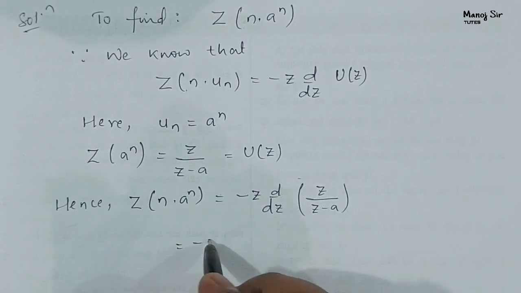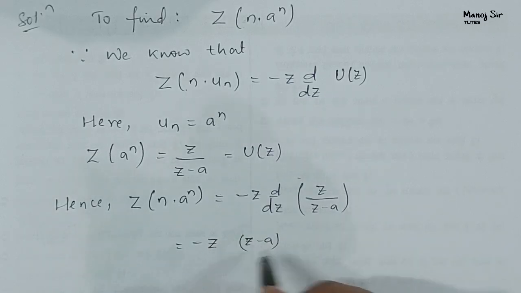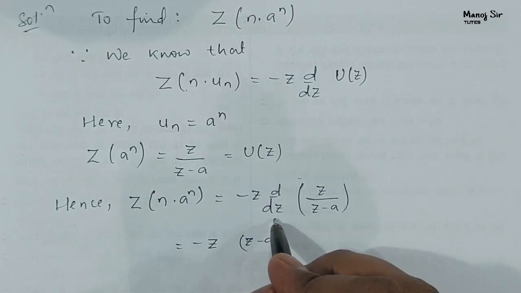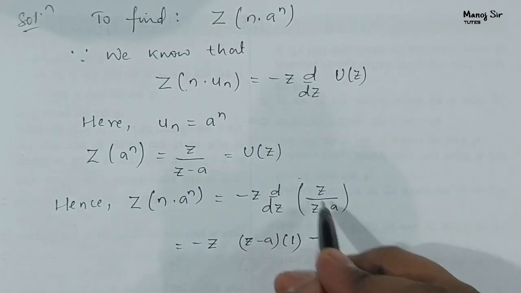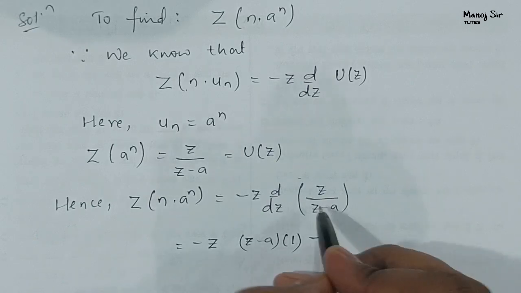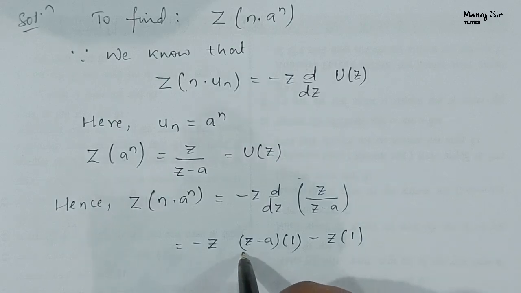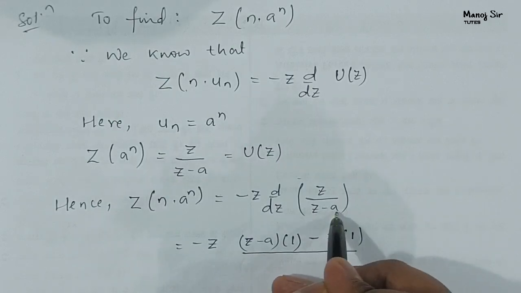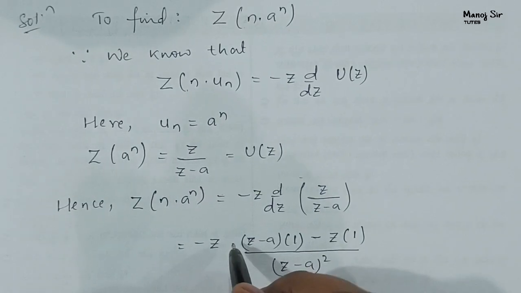This is going to be minus z minus a, differentiation of z with respect to z, that is 1, minus z times differentiation of z minus a with respect to z, that is again 1, upon z minus a whole square.